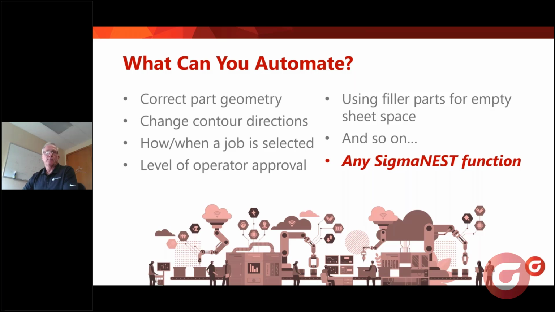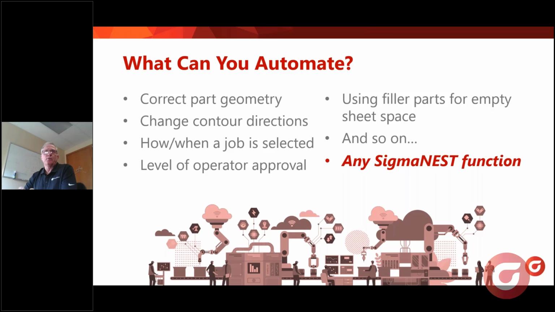But those are typically customers that are using some sort of Kanban process and so on. The filler parts could be done with production parts as well. We'll discuss a little bit in a few minutes some of the nesting rules that are built into Machine Console that can be opened up.